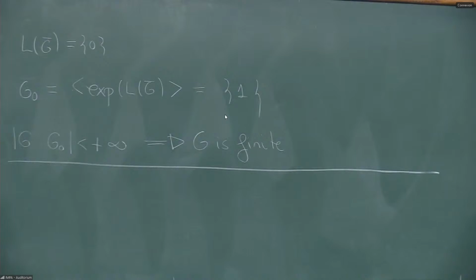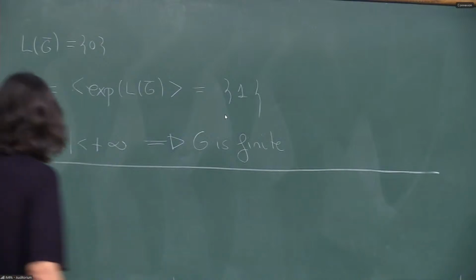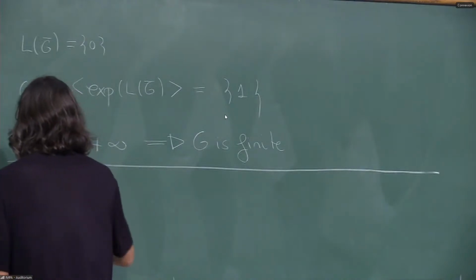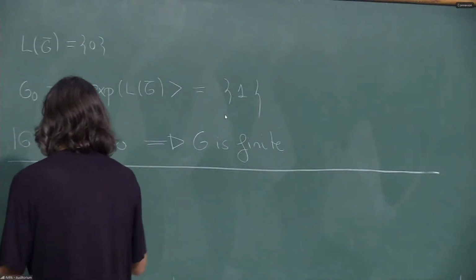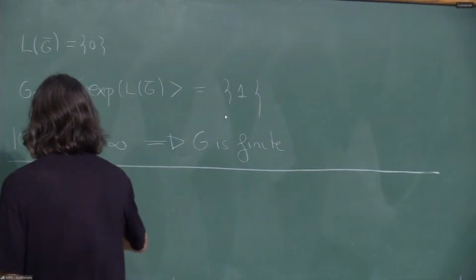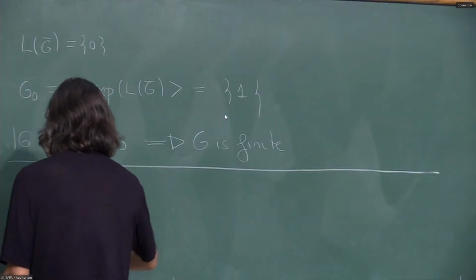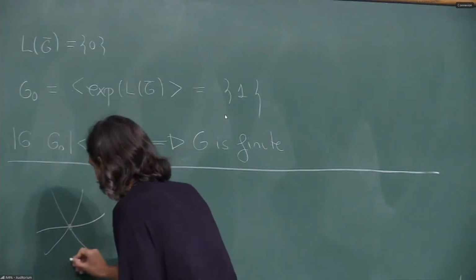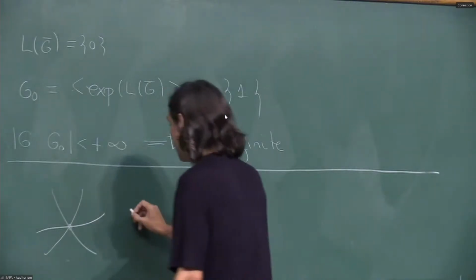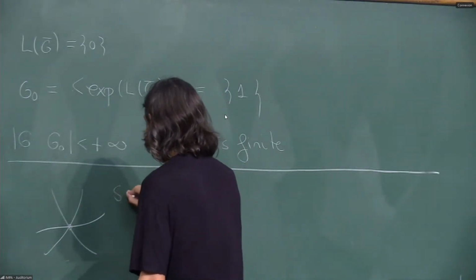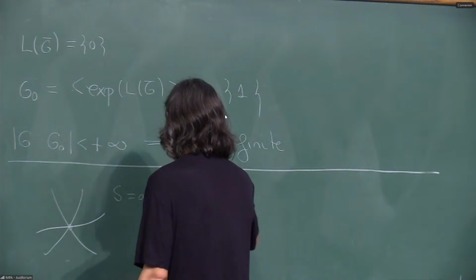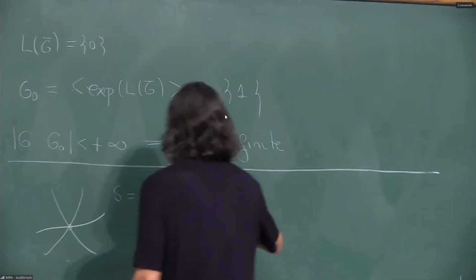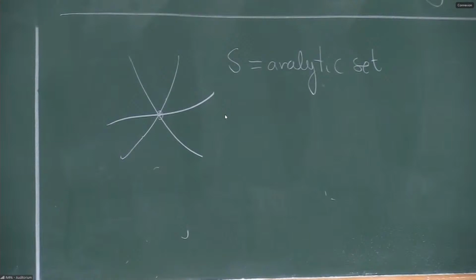Okay, I think that I wanted to say other things. Something that, for instance, you can actually consider, the origin in Cn, and here an analytic set with several irreducible components.